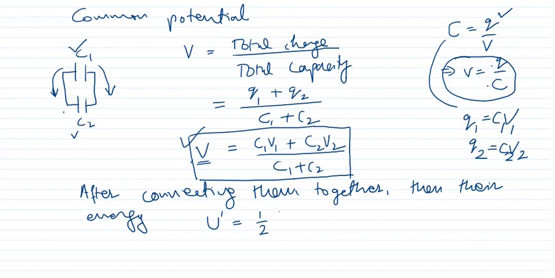So therefore after connecting them together, what will be the total energy? Energy stored in capacitor 1, that is 1 by 2 C1 V square, plus 1 by 2 C2 V square. Now this V is not V1 and V2, these are the common potential.